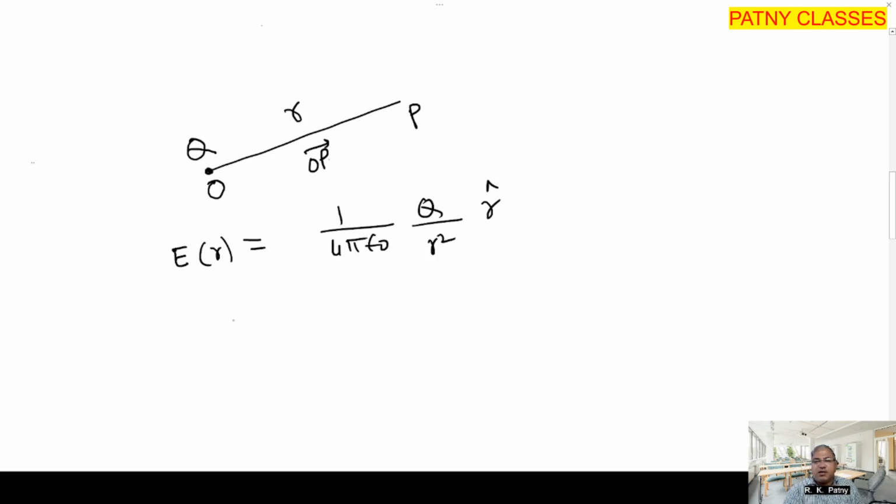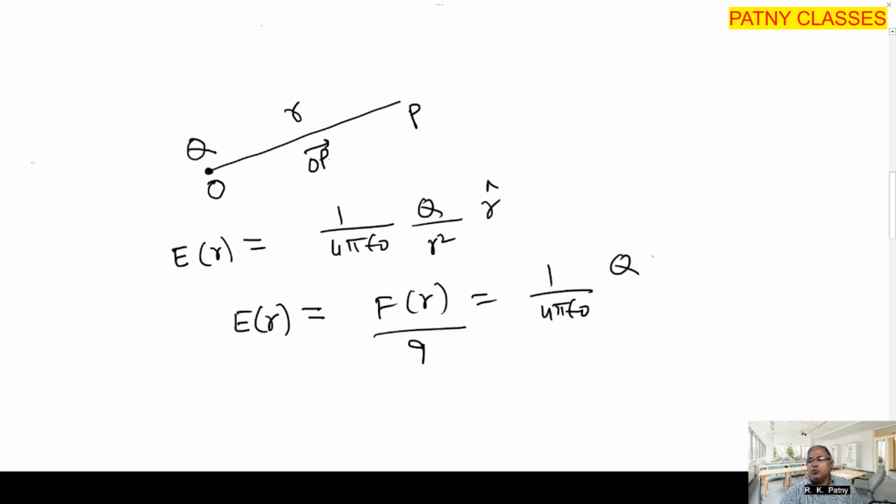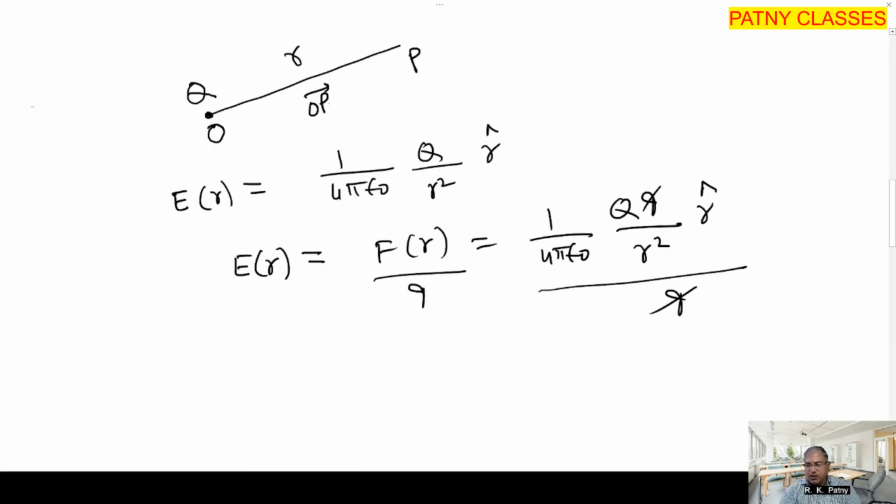How has this expression come about? The definition of E of R is the Coulomb force per unit charge. So that is 1 upon 4 pi epsilon naught, Q multiplied by q upon R square into R cap, divided by q. The q gets cancelled here. Then what do you obtain?